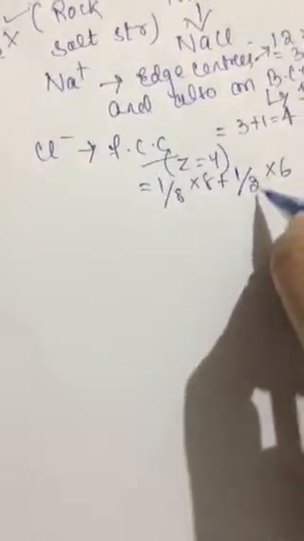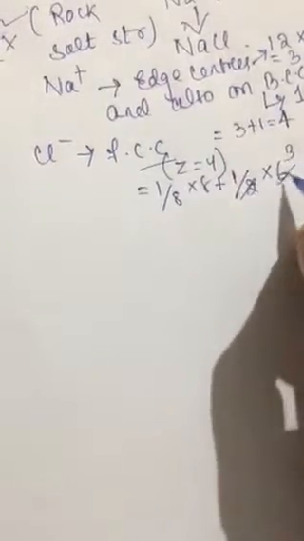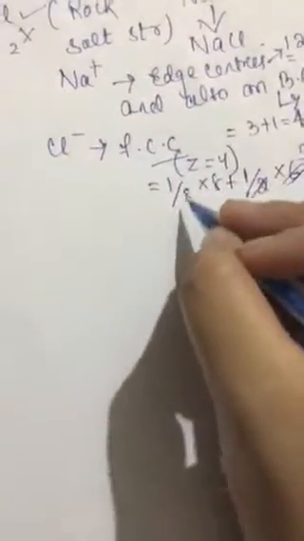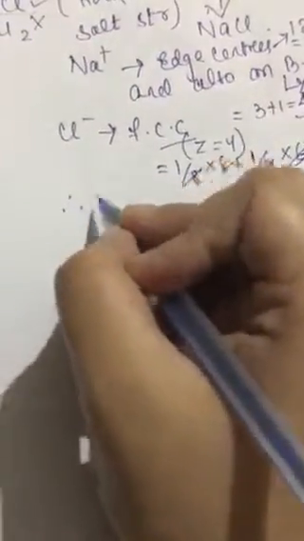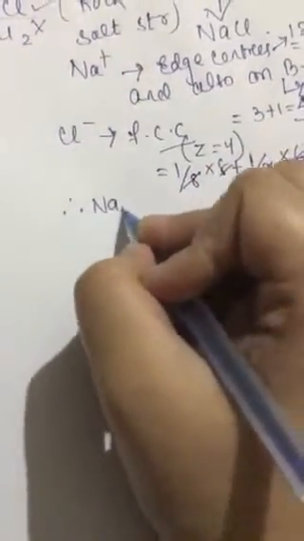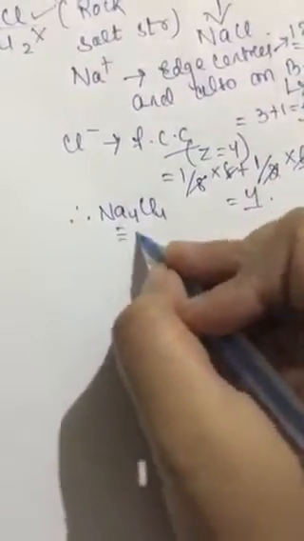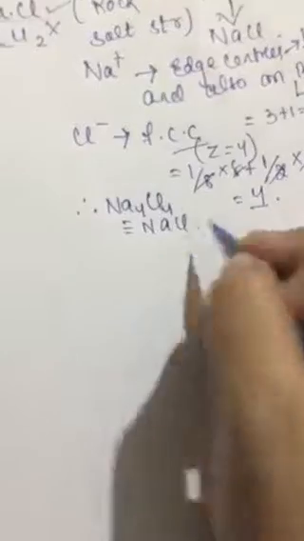Cancelling, it comes to 3 and this is 1. So 1 plus 3, here also 4. So 4 here, 4 here. Therefore it is Na4Cl4; in simplest form, you can write it as NaCl.